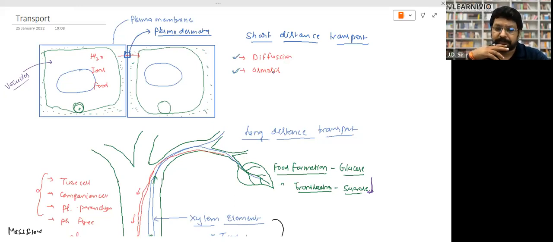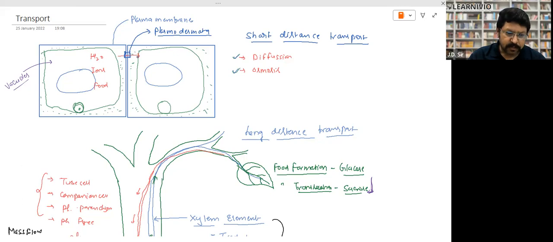This is called diffusion. The second thing is osmosis. Osmosis is the transport of water from its higher concentration to the lower concentration of water through a semi-permeable membrane. Right. I am just briefing you right now. We will discuss in detail what osmosis exactly is.